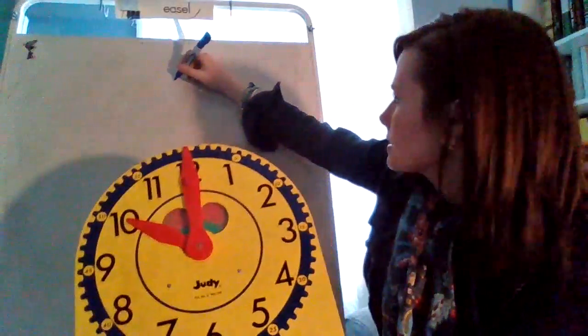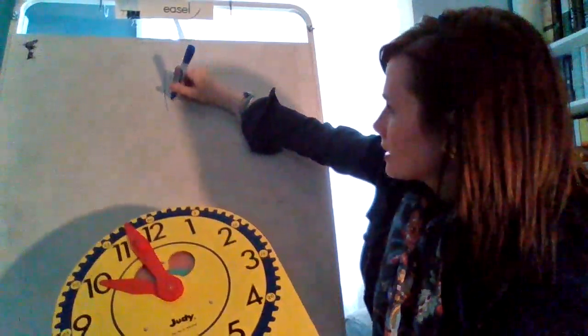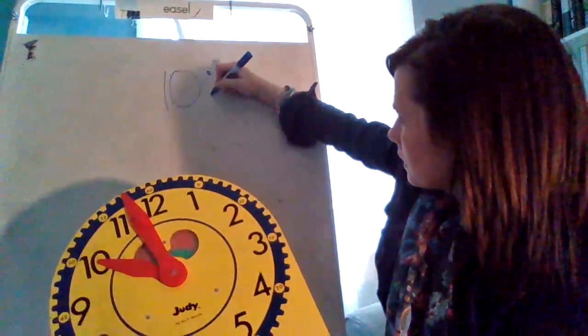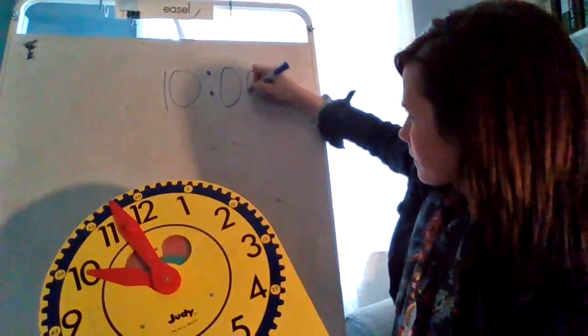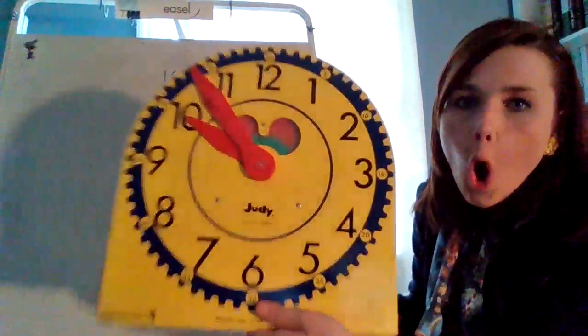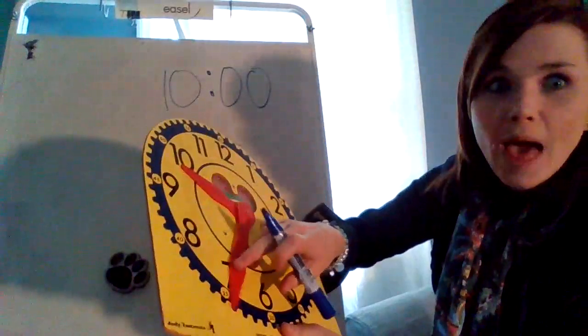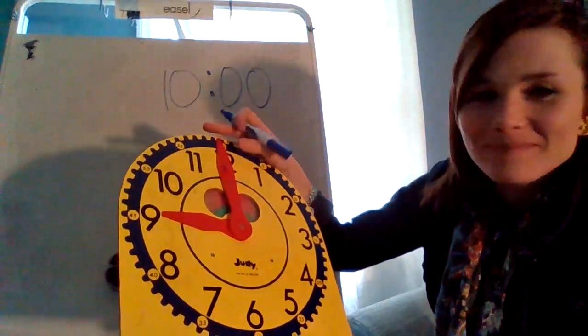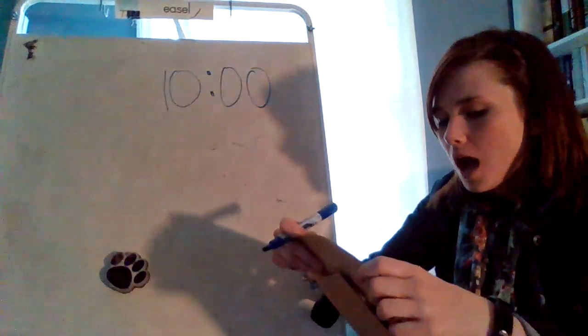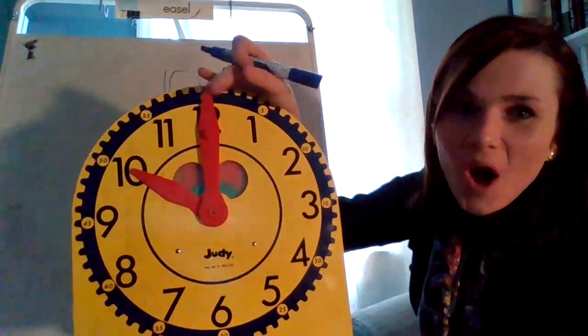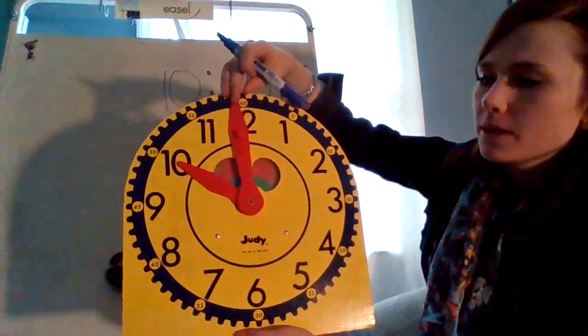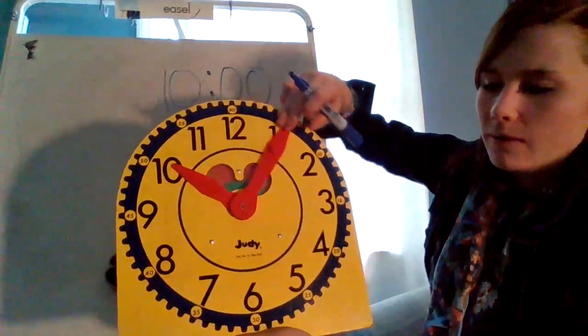Can we write it up here? Yes, I can. So I'm going to write 10. All right, 10 o'clock. Now I'm going to bring that minute hand and go halfway around my circle.